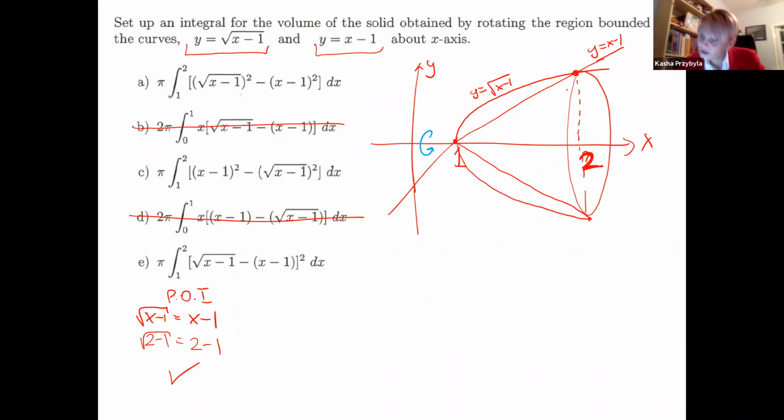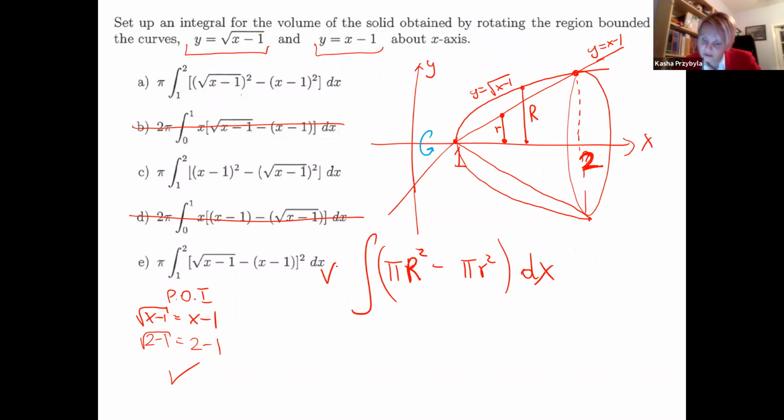I can draw it, but I can just write this will be my inner radius, and this will be my outer radius. That means I will use the washer: pi r squared minus pi r squared, and in terms of x, the volume.